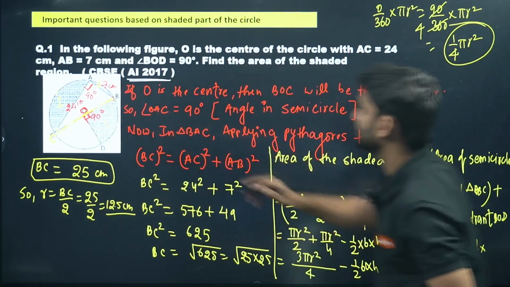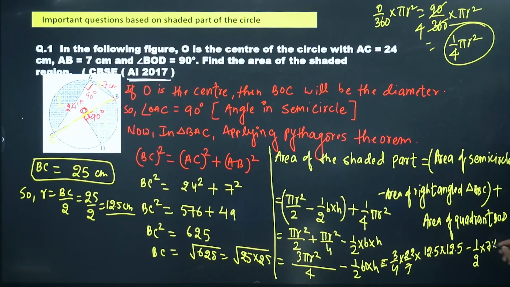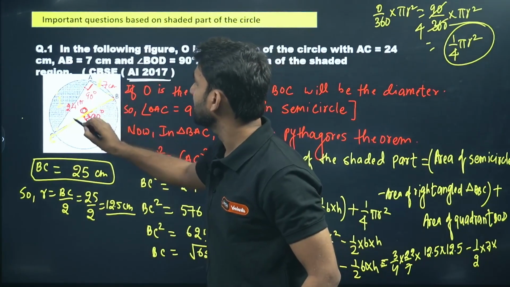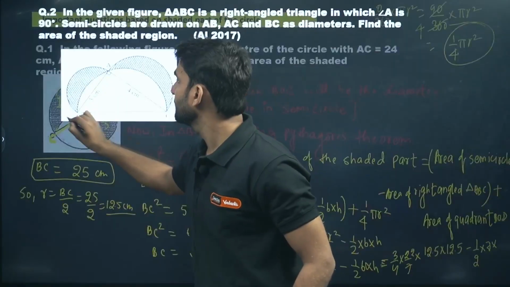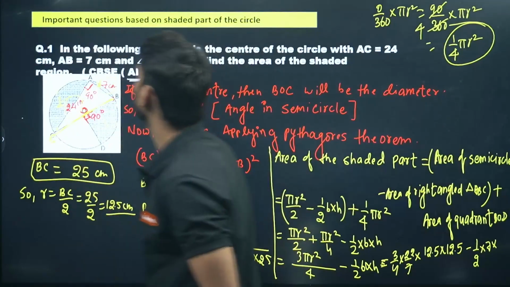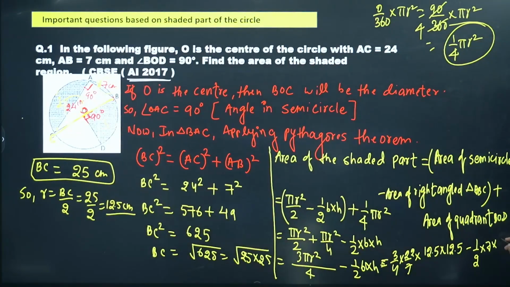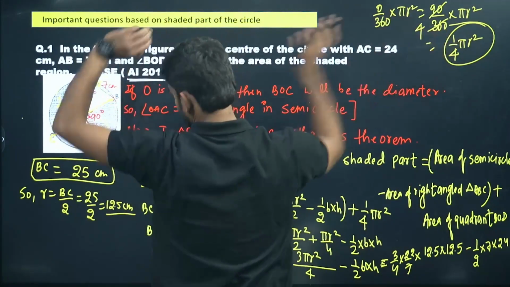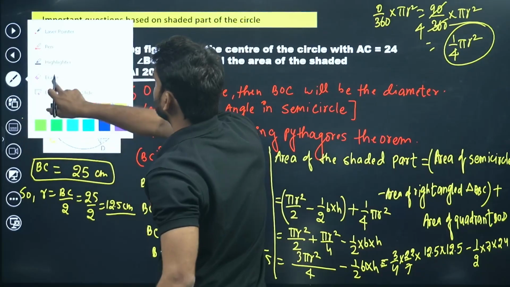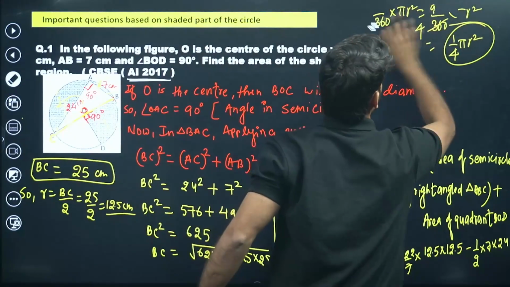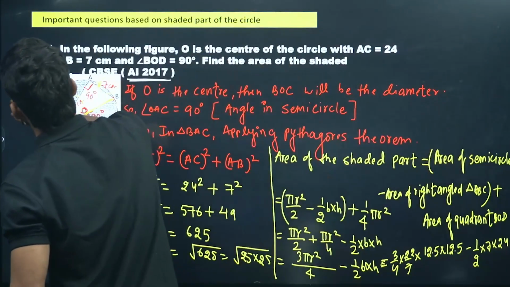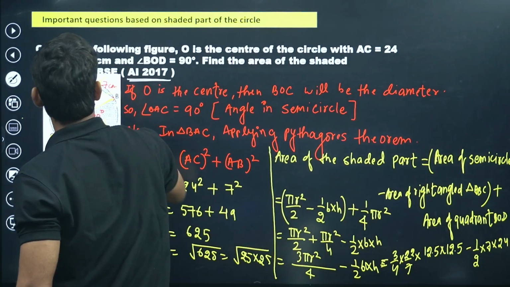We can take the base as 7, this is the base and this is the height, 24. It is a right angle triangle. We require some more space, so I can utilize this space to get the final result.